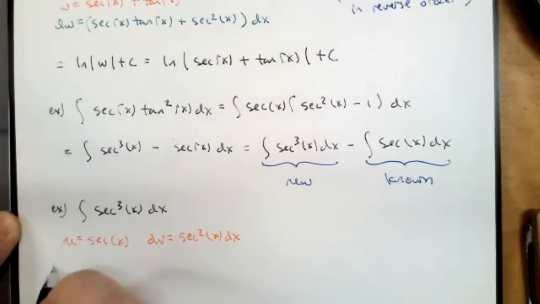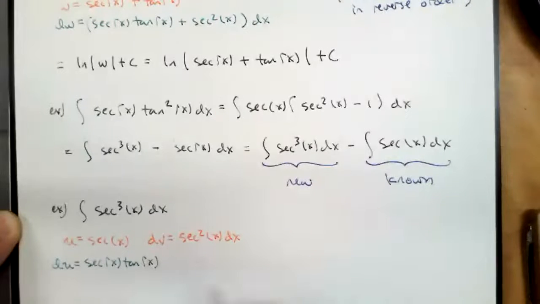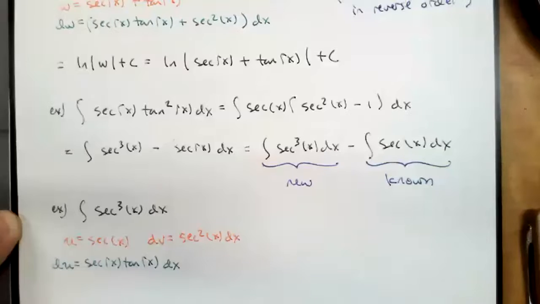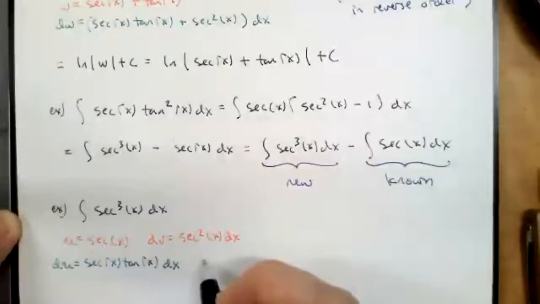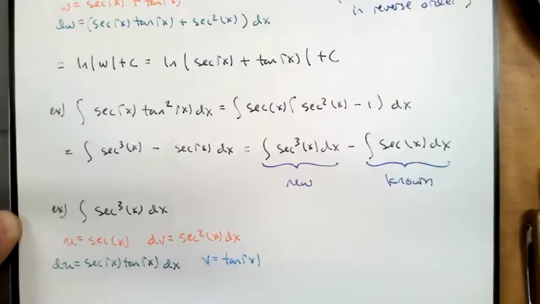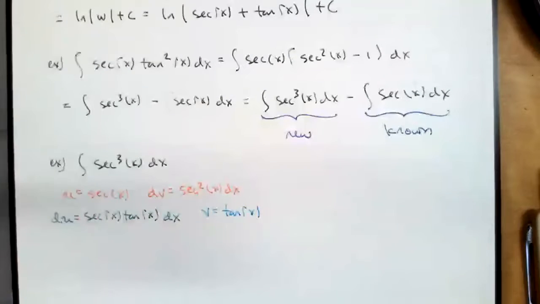Now I find du by differentiating. It's going to give me secant x tangent x dx. And the dv will tell us that v is equal to tangent x. That seems to me to be the most appealing of our 3 options.